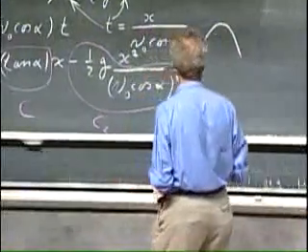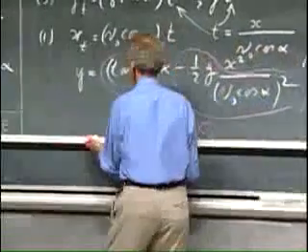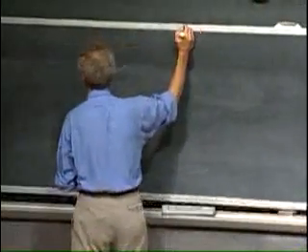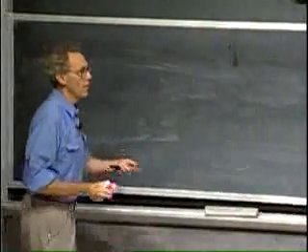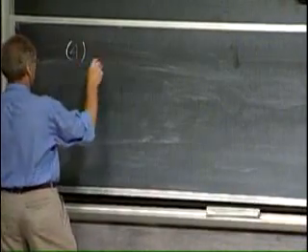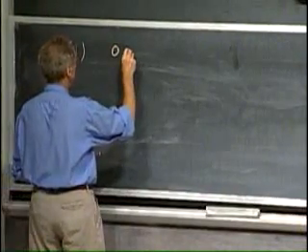So in order to find the position of the highest point P, we first ask ourselves from equation number 4: when is the velocity in the y direction 0?